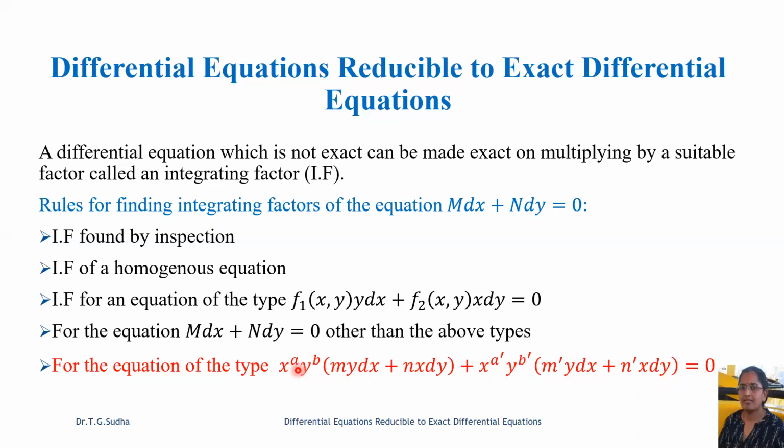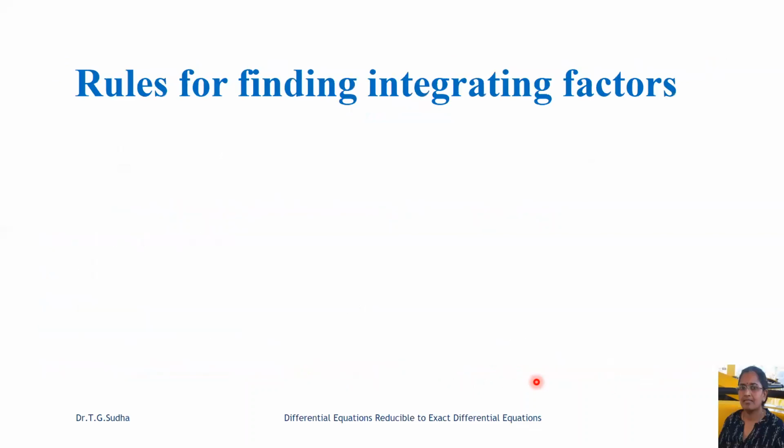Here a, b, a dash and b dash are positive integers, whereas m, n, m dash and n dash are also integers. They can be negative.